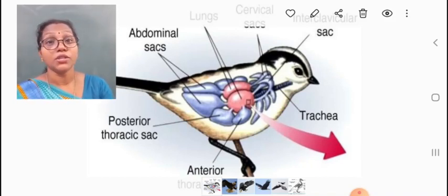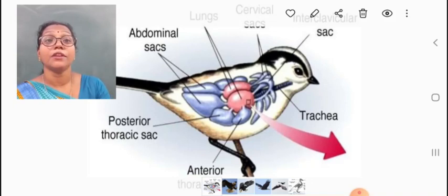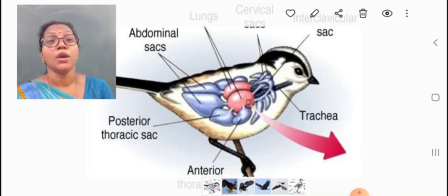To get an additional amount of energy, the lungs are supported with additional air sacs. There are abdominal sacs, the posterior thoracic sac, and anterior air sacs. There are different air sacs present in a bird's body that help the bird to fly easily in the air.